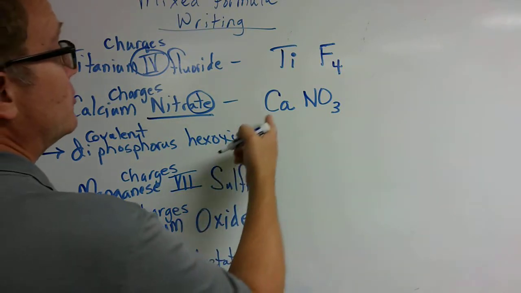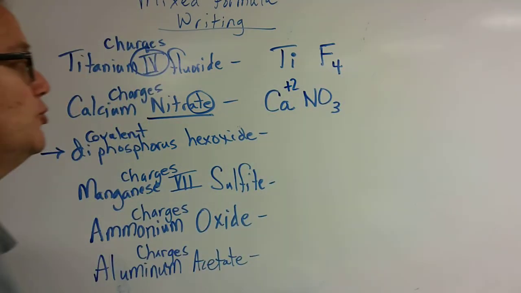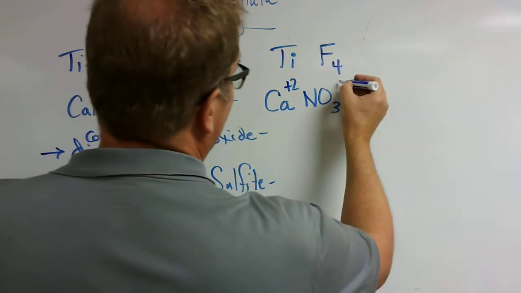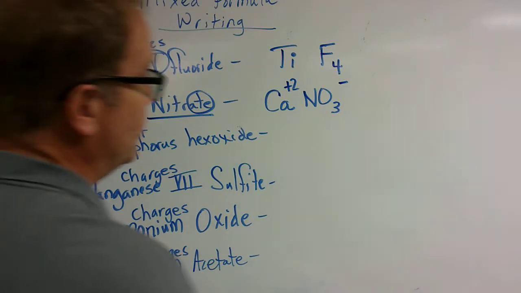So if we look at group 2, my charge is a +2. If I look at my chart, it will tell you a negative. If you're looking at your chart and you see there's a negative charge, that's going to be an automatic reminder, hopefully, that you're going to need a positive charge in order to balance these things out.